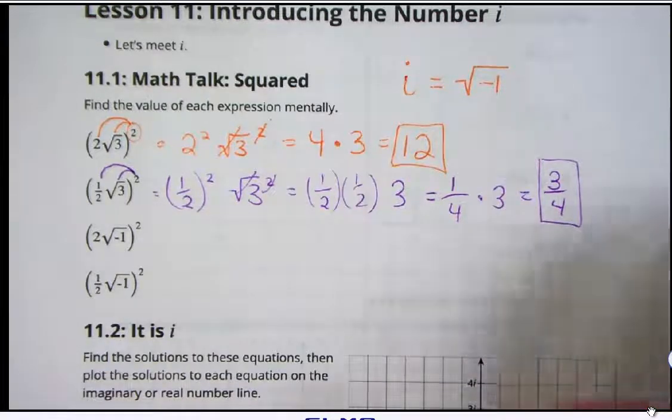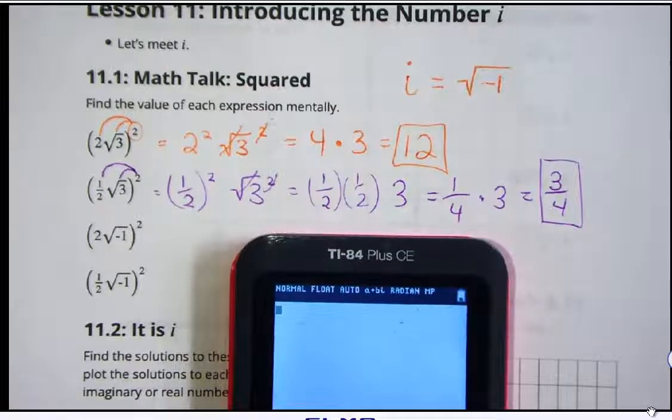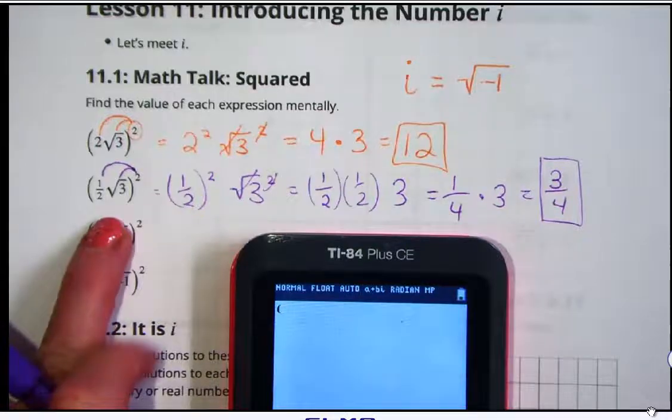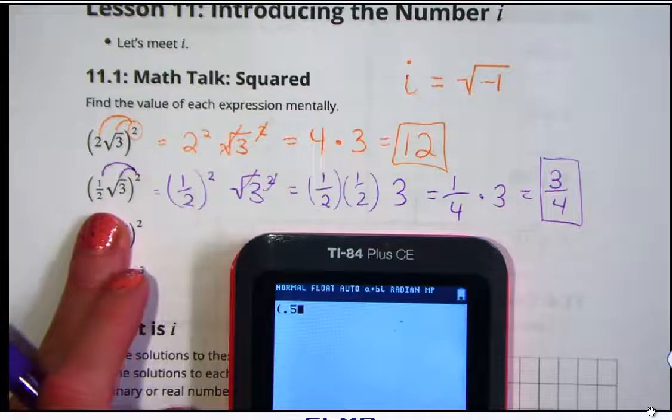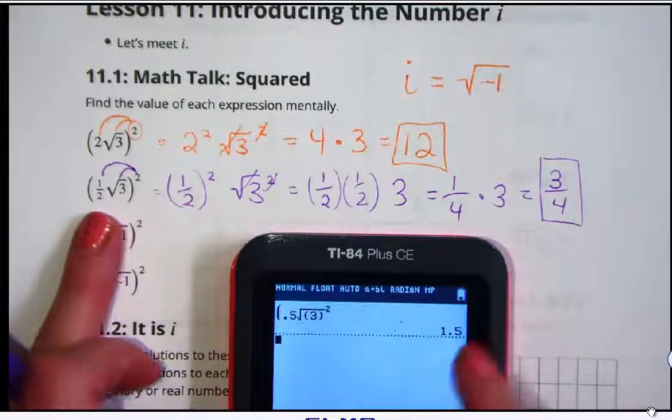Now we can always check this on a calculator. Sometimes it's a good idea just to give that a try. Let me hit clear because I want to use those parentheses, the same way my problem is given to me in. 1/2 times the square root of 3, and I need to square that.